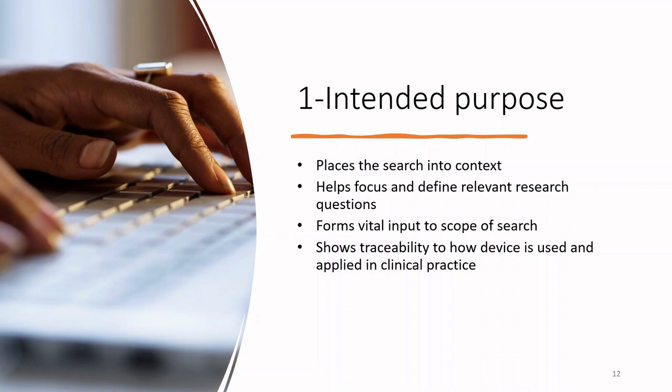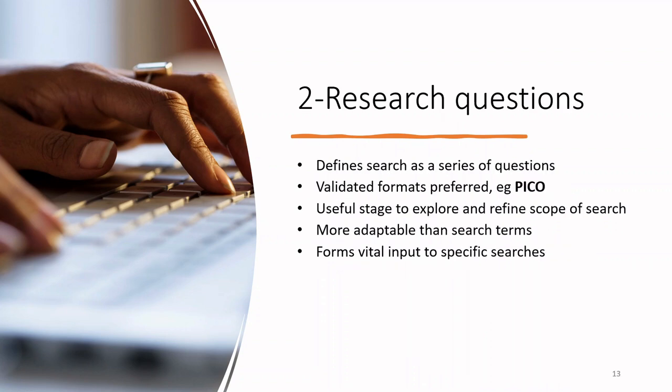But don't skip it. The next stage is to begin crafting research questions. Now there's lots of ways to do this, but ultimately a research question or a set of research questions just reduces what you want to achieve from the search to a list of simple questions, and it's generally preferred that a validated format is used.